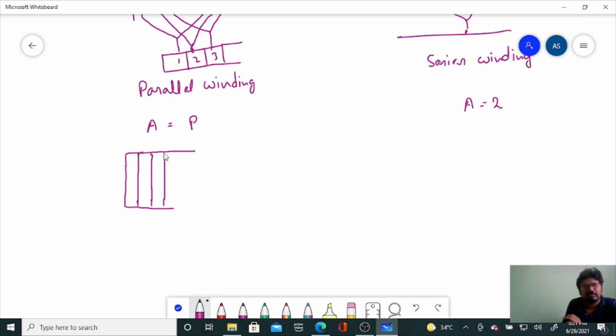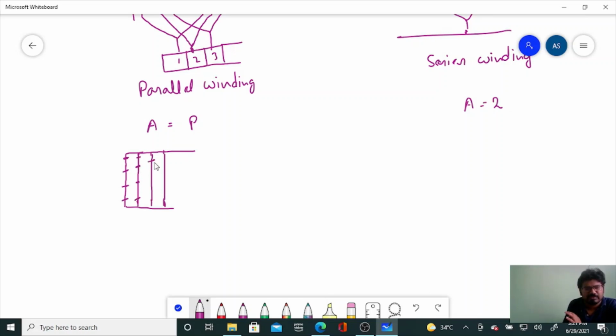Suppose you have 16 conductors in total, then per parallel path you will have at least 4 conductors.